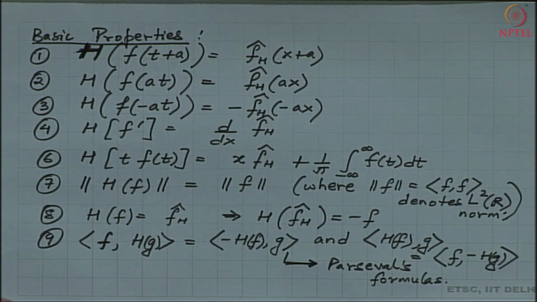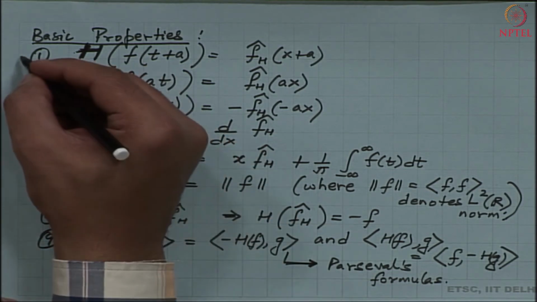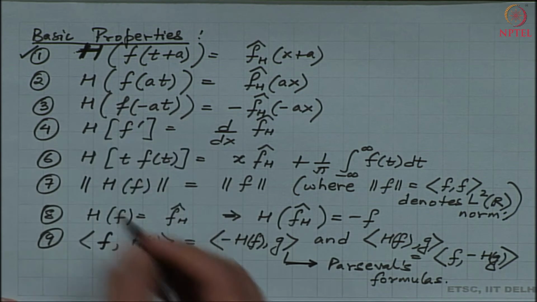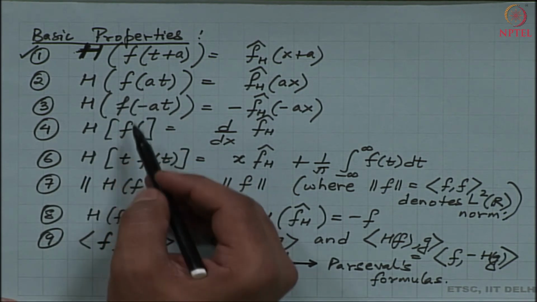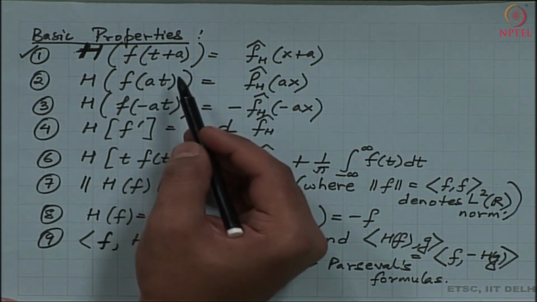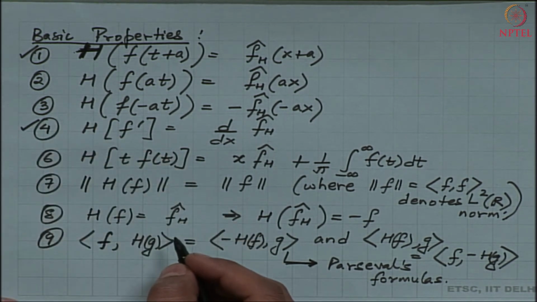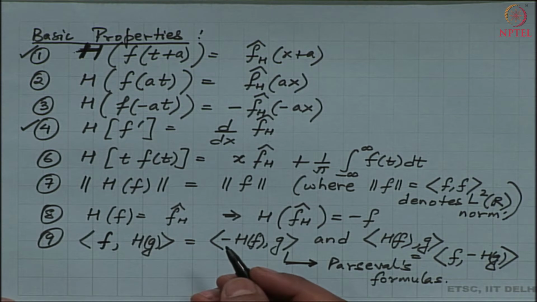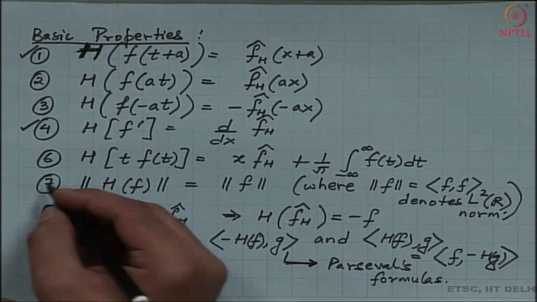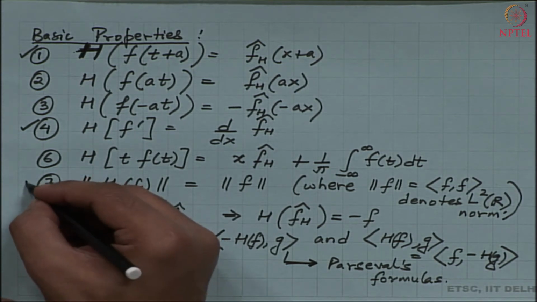So, I am going to show you some results here. Out of all these 9 results, let me show you the proof of the first one, and the proof of the second and third follows in a similar fashion as the first. I am going to show you the proof of the fourth one, and I can also show the proof of the seventh one.